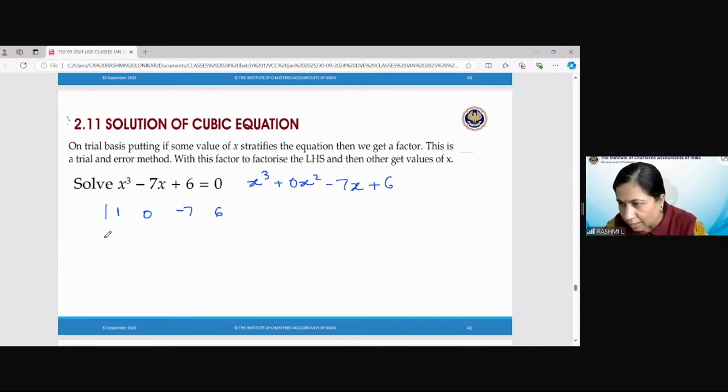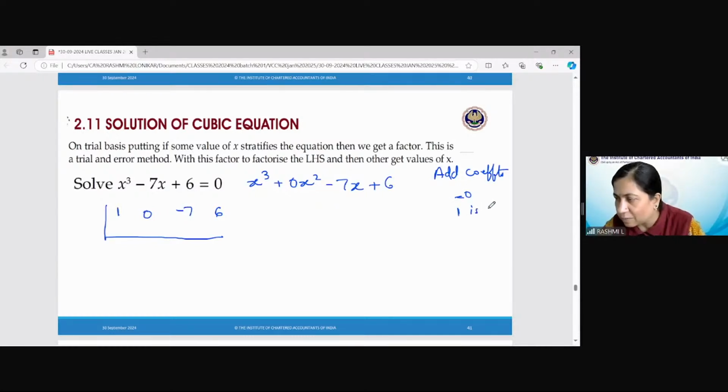Okay, and I'm going to write it like this. And now I'm going to add 1 plus 0 is 0, 0 plus -7 is -6, -6 plus 6 is 0.